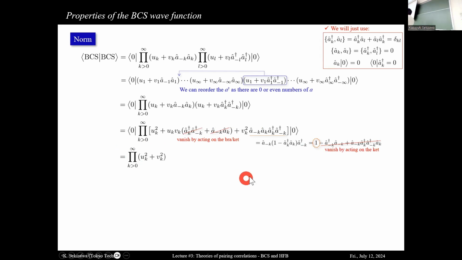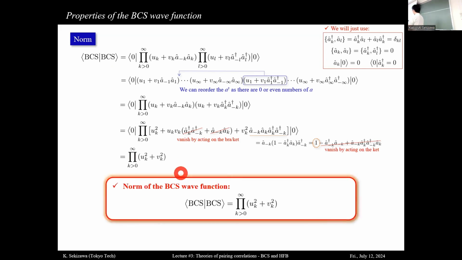What is remaining is UK square and VK square, associated with this factor 1 here. So this is the result: when you take the norm of the BCS wave function, you end up with this equation.